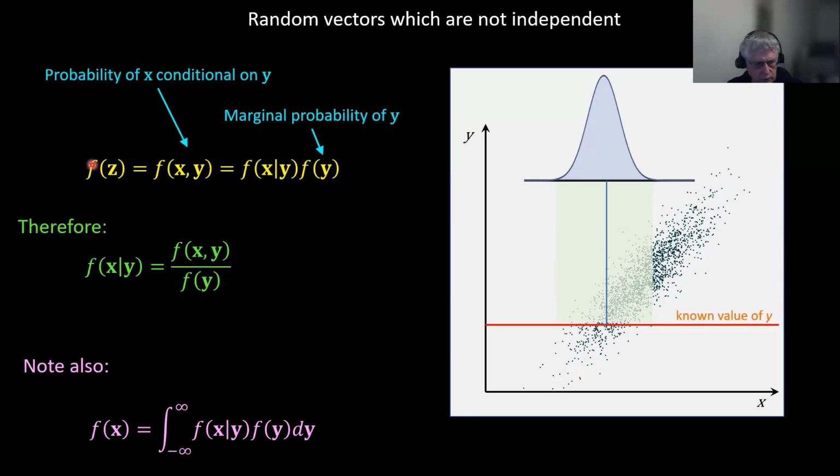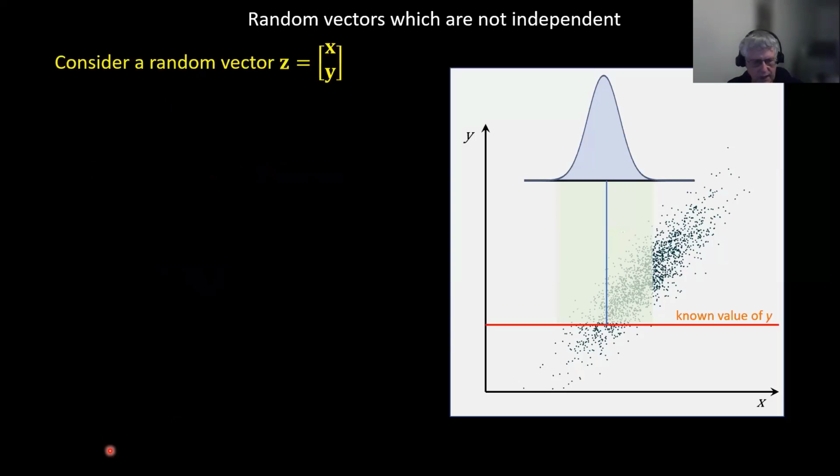Note also, looking at this first equation, that if we integrate this equation from negative to infinity, we integrate out Y to come up with the marginal probability density function of X. And we'll leave it nearly at that. So consider the random vector XY. The mean of XY, that is the mean of Z, is just the mean of the individual vectors.